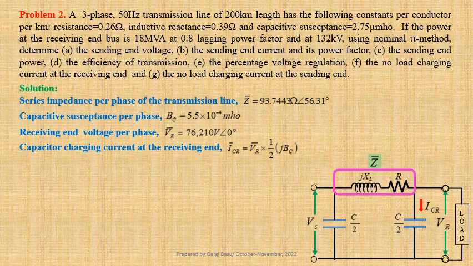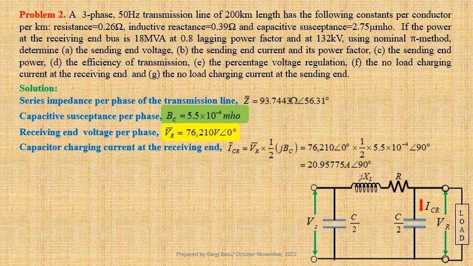Using values we get ICR equals 76,210 at an angle 0 degree into half of 5.5 into 10 to the power minus 4 at an angle 90 degree. That gives us 20.95775 ampere at an angle 90 degree. This may be written in Cartesian form as 0 plus j times 20.95775 ampere.